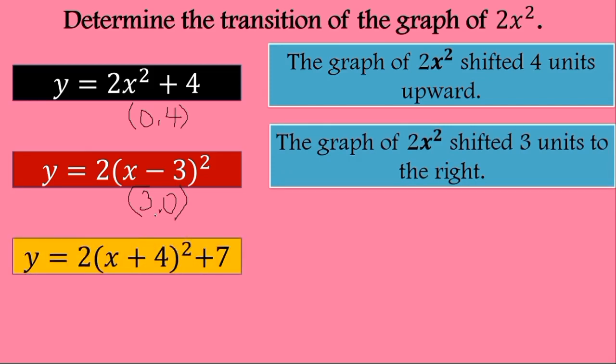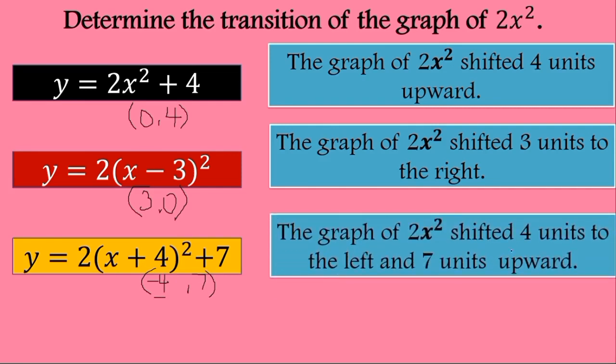Next, we have 2 times the quantity x plus 4, squared, plus 7. The vertex is negative 4, 7. Since this is inside the parentheses, the sign changes for h. The graph of 2x squared shifted 4 units to the left and 7 units upward.